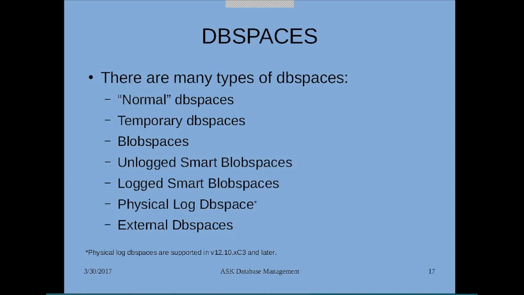So if you suddenly have a large batch job run that needs more physical log space, the physical log will expand to fill the DB space, and the chunk that the DB space lives in will extend itself. It's automatically extendable, okay? Assuming you've put it in a file system that will allow it to extend and it isn't on raw.